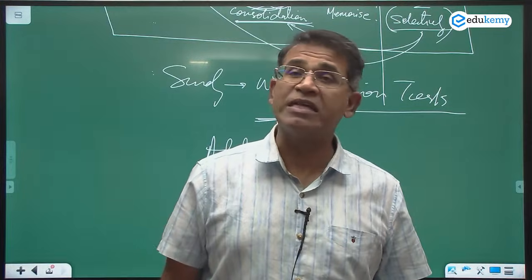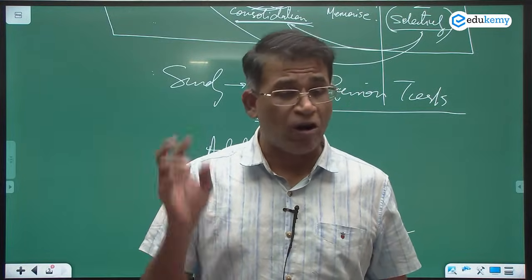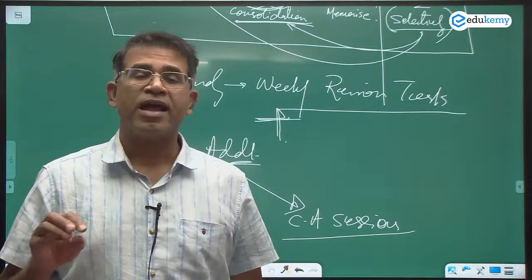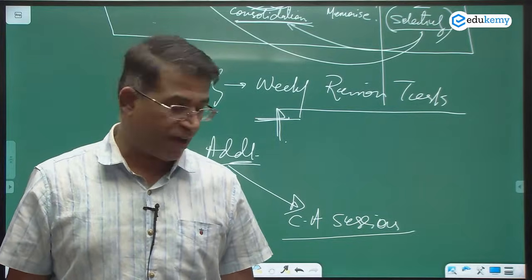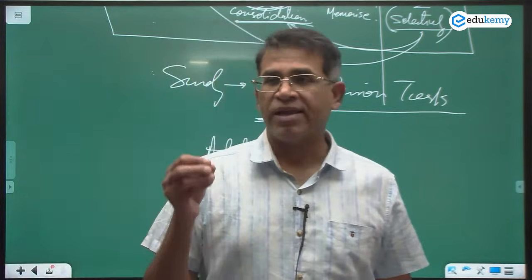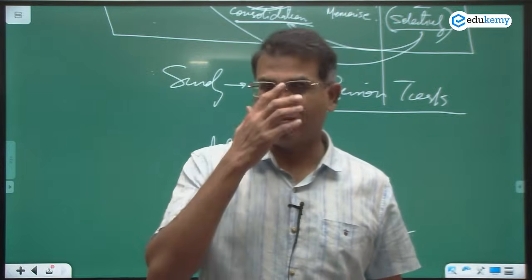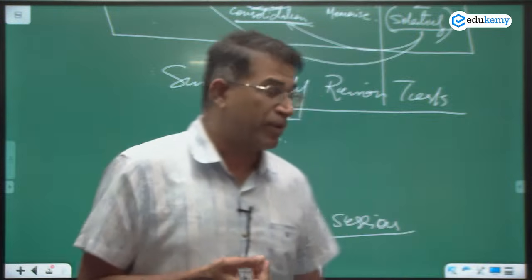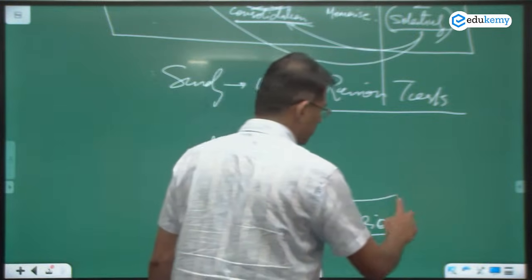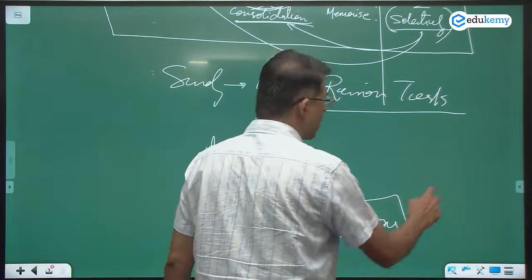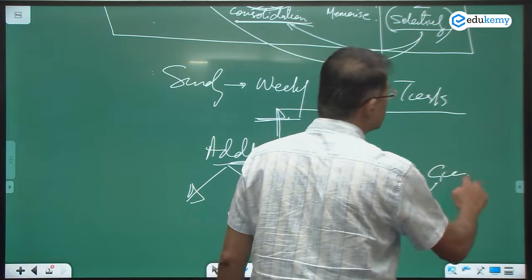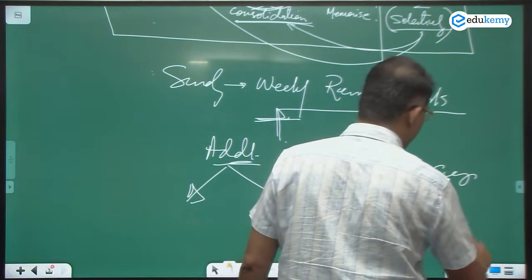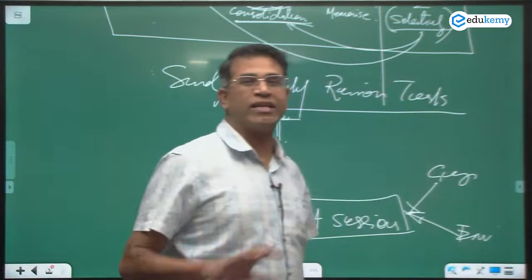I'll take almost 75-80% of the syllabus. All conceptual topics I will take, and I'm assisted by our associate faculty, Mr. Ajay Kumar. Ajay sir will interact with you. He'll take some classes. He is the person who will help you with current affairs sessions. Whatever current affairs we have in geography, in environment, he will help you consolidate that.